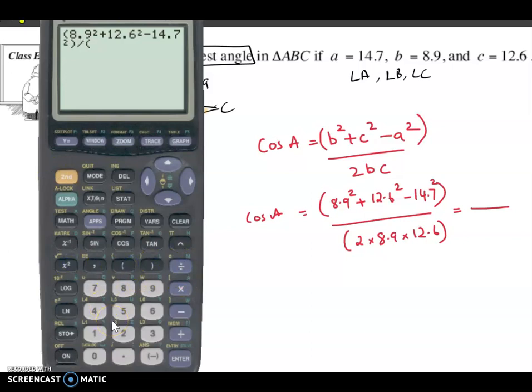Within the bracket again, very, very important, 2 times 8.9 times 12.6, bracket. So this will give you an answer, 0.97566. So that would be for cos of A.